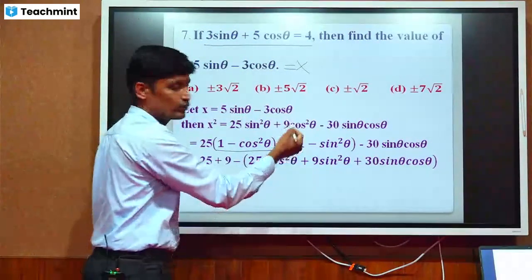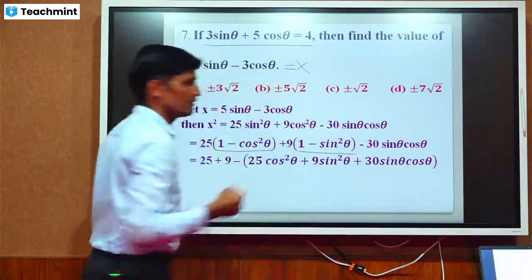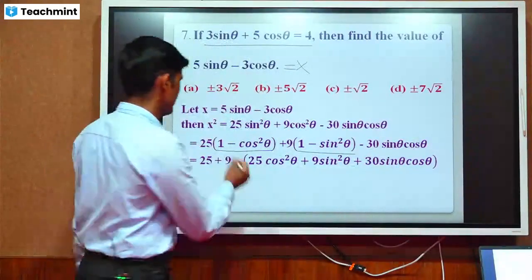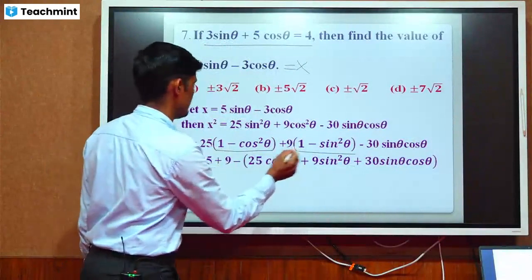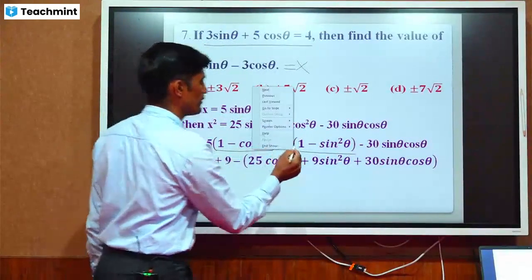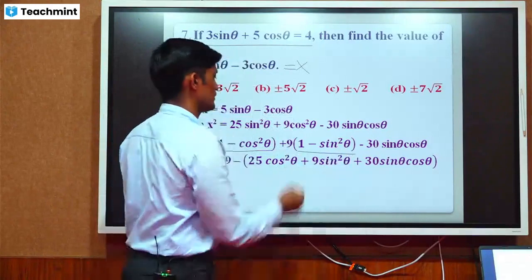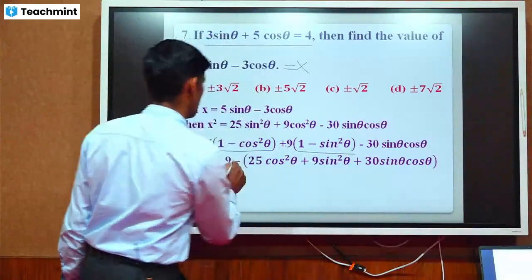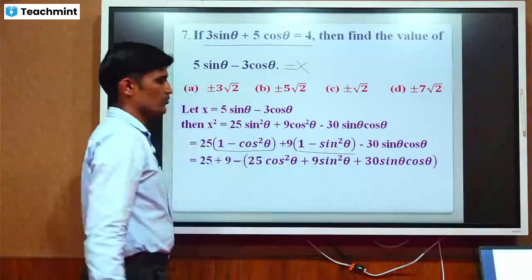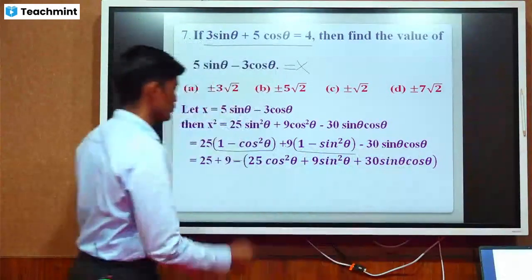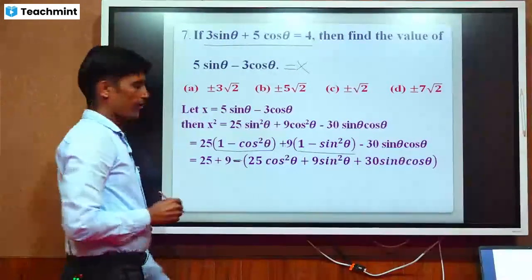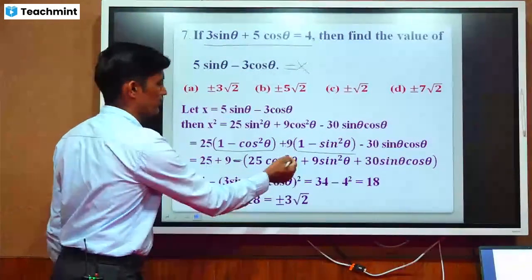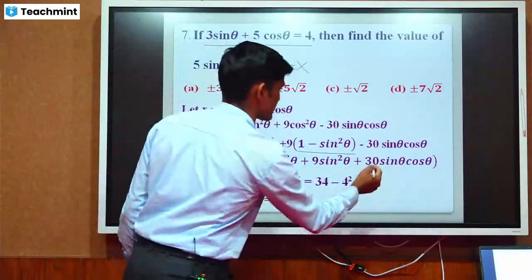So 9 into cos square theta can be written as 1 minus sin square theta, minus 30 sin theta cos theta as it is. Then it becomes 25 plus 9 minus 25 cos square theta, then minus outside, therefore it is plus 9 sin square theta plus 30 sin theta cos theta. By taking minus out, then it is 25 plus 9 minus (25 cos square theta plus 9 sin square theta plus 30 sin theta cos theta).